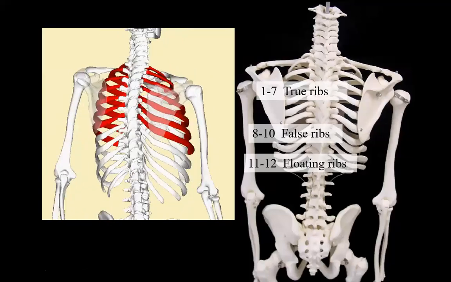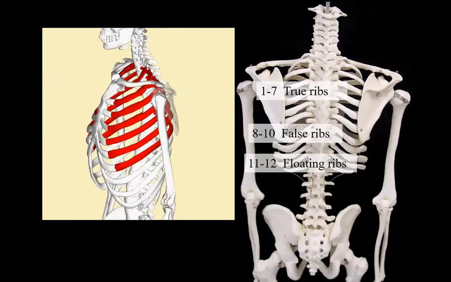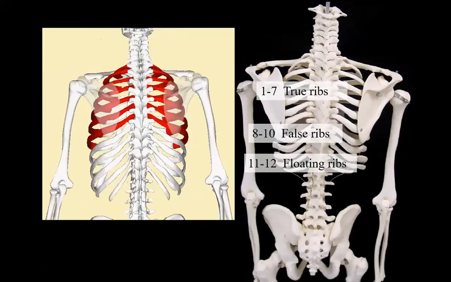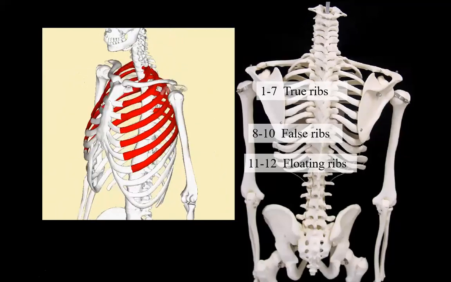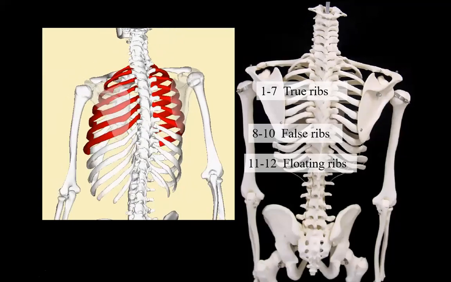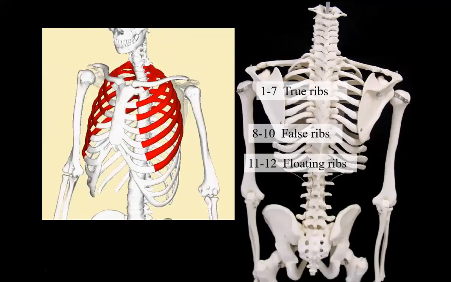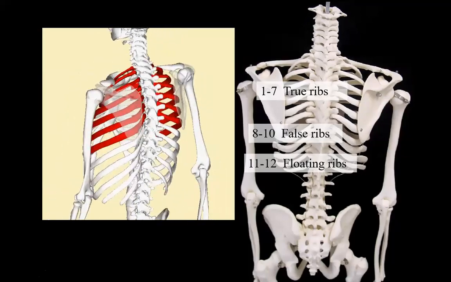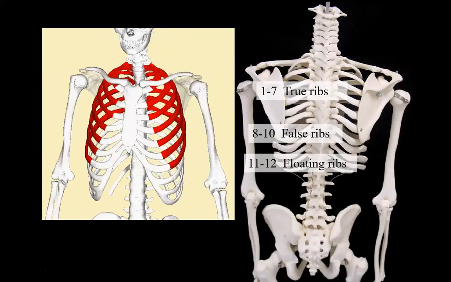The first 7 are called the true ribs. The first 7 attach directly to the vertebrae in the back and to the sternum, the breastbone, in the front. They do connect using hyaline cartilage, but they connect directly.